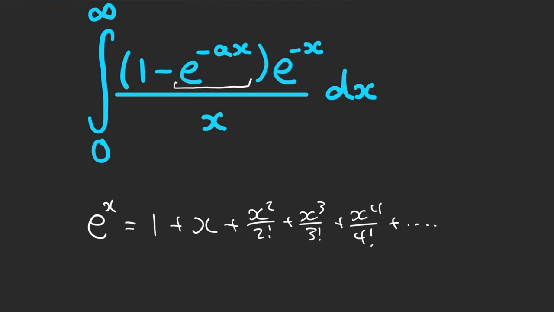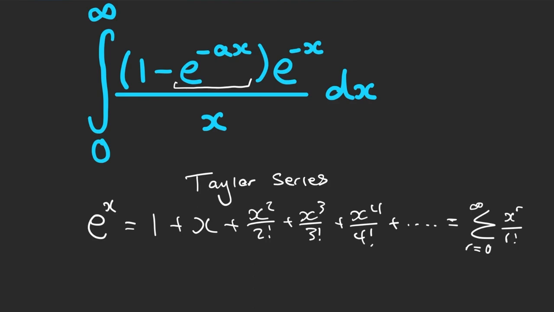And that comes about because this is equal to the sum from r equals 0 up to infinity of x to the r over r factorial. Yes, that is the series expansion for e to the x. Thank you, Taylor Swift. Of course, we have to give her props for this. This is the Taylor series expansion for e to the x.